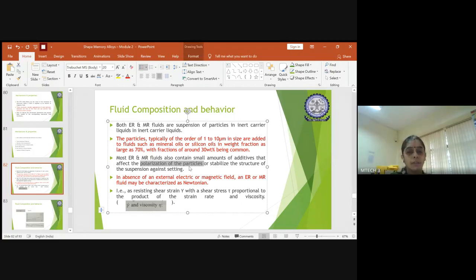Both ER and MR fluids are fluids suspended with particles, and these particles are called inert carrier liquids. Coming to the composition, it will have 70% fluid and 30% particles, right? And in both ER and MR fluid, the particles we use are also called additives. When you subject an external electric field, it helps in polarization of the particle.